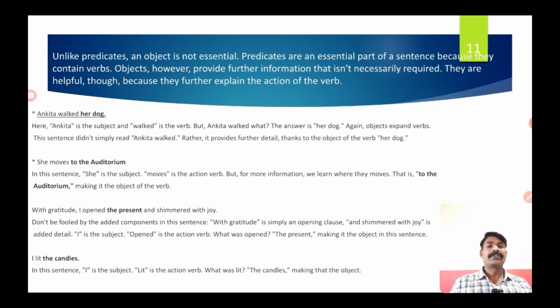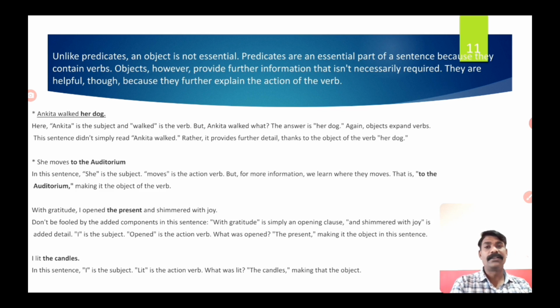In the very introduction of the same video we have gone with the information that any sentence consists of 3 things. That is subject, verb and object. Okay, so Ankita is the subject, walk is the verb, remaining sentence that is her dog is the object.